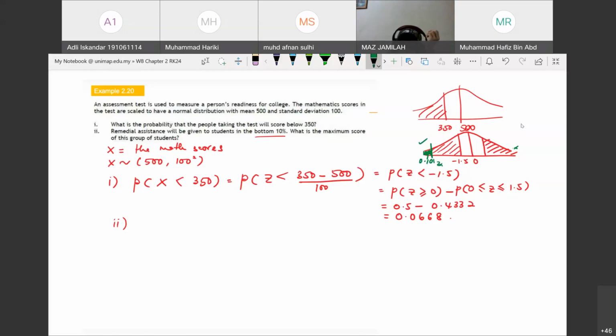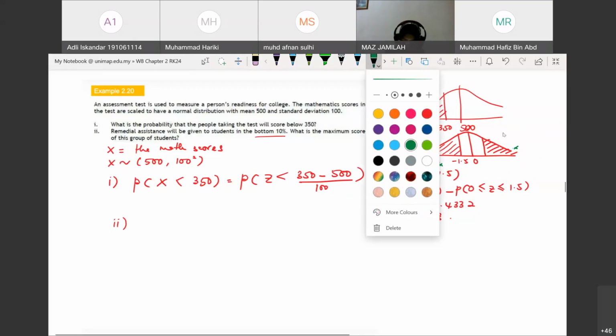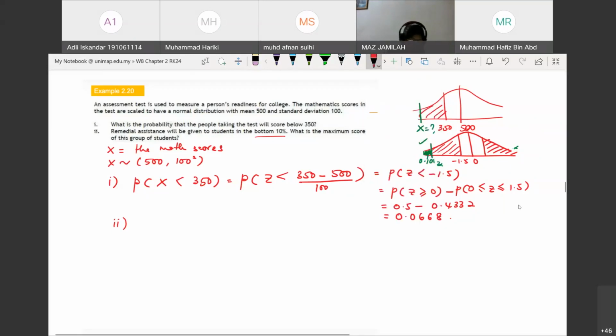So in terms of the actual probability, we would like to know what would be the maximum score of this particular experiment. How are we going to solve this? This would be somewhat of a compulsory question sometimes when we give assessment to students.